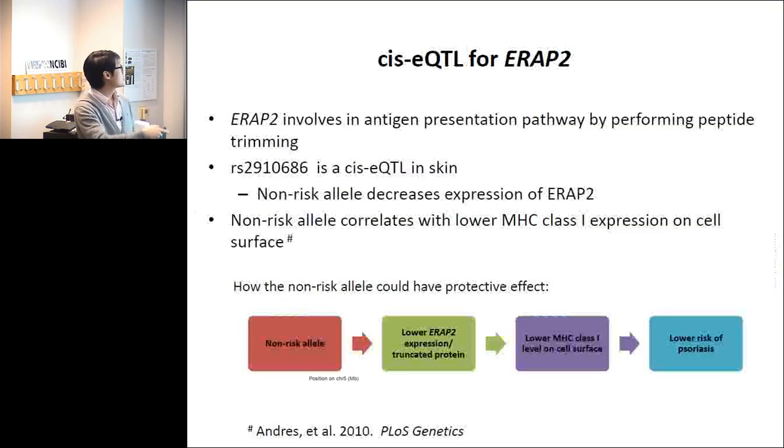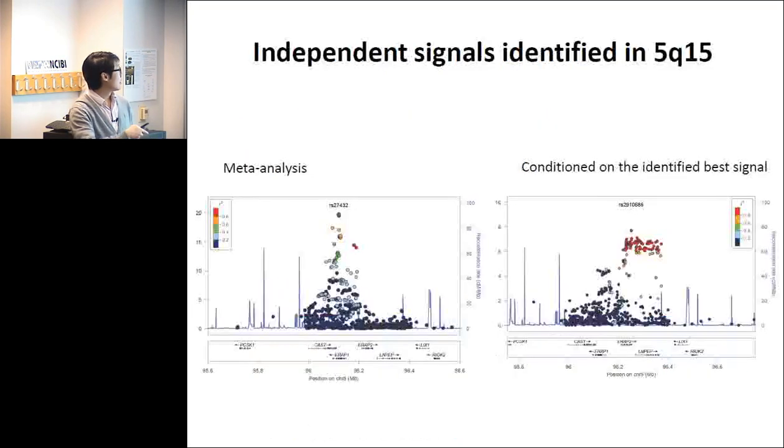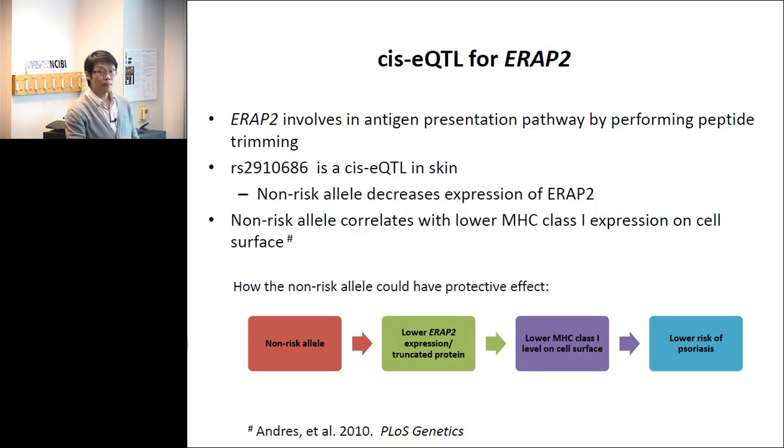To give you some more information about this one, this is pretty interesting. Again, ERAP 1 and ERAP 2 both help with peptide trimming, and in fact ERAP 2, the best signal that I show here, is a cis-eQTL in skin, and the non-risk allele tends to decrease the expression of ERAP 2.